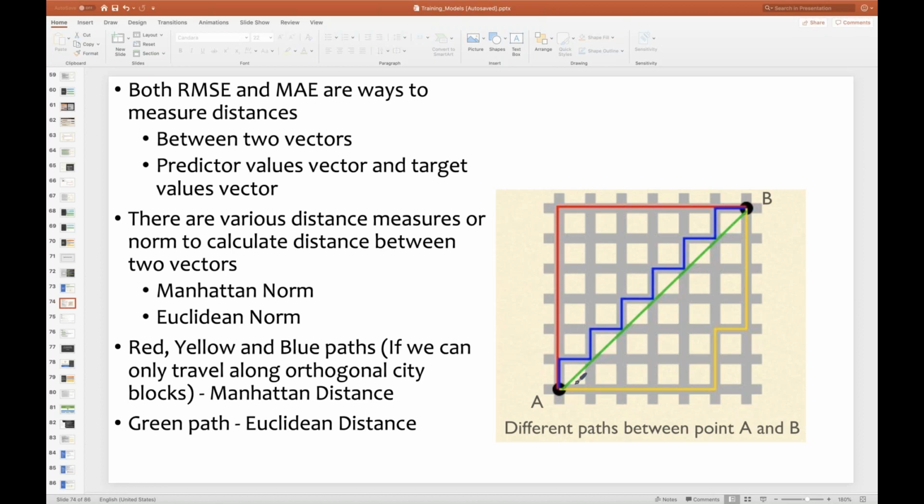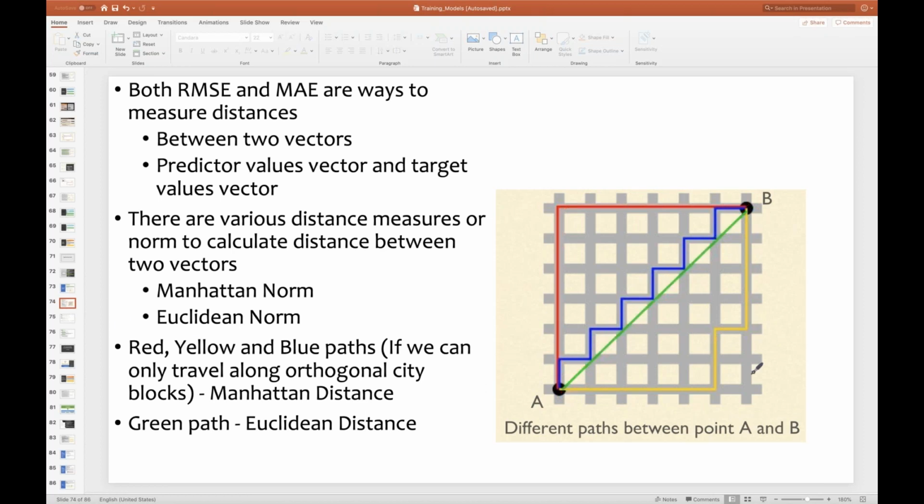Straight. This is nothing but the Euclidean distance. Right? Like this, we need to understand how each and every other thing works.